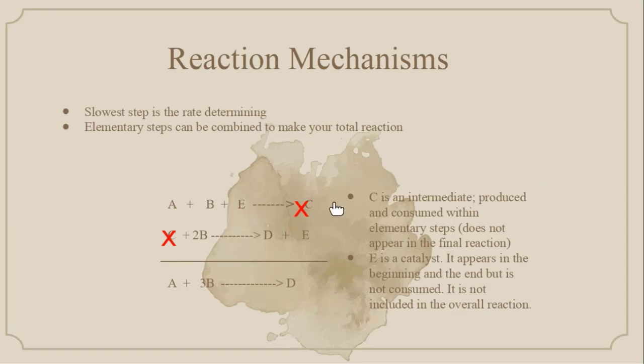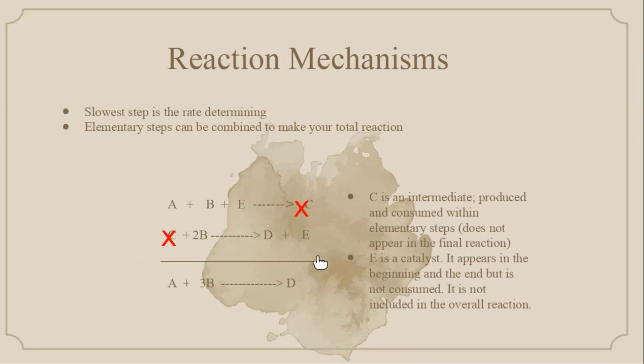Only modifying the slowest step will. And so that's the concept of why our slowest step is the rate determining. So right over here, we have an example of a mechanism. So C here is an intermediate, and we know it's an intermediate because it's being created in an elementary step, and then it's being consumed in an elementary step.